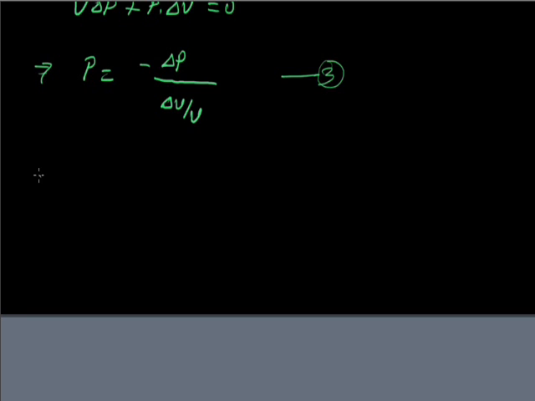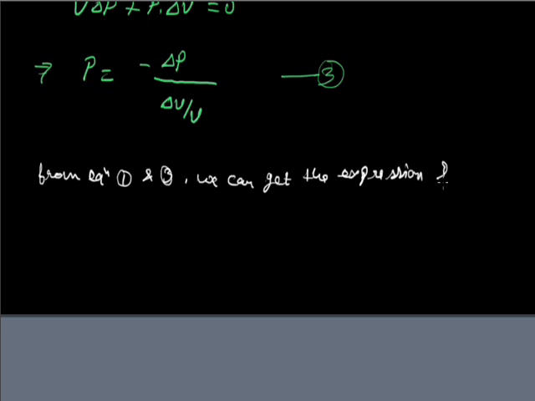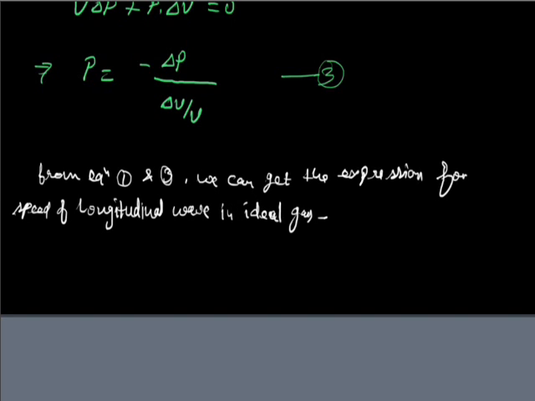So now here from equation 1 and 3, we can get the expression for speed of longitudinal wave in ideal gas, which will be equals to V equals to square root of pressure of the gas divided by density of the gas.